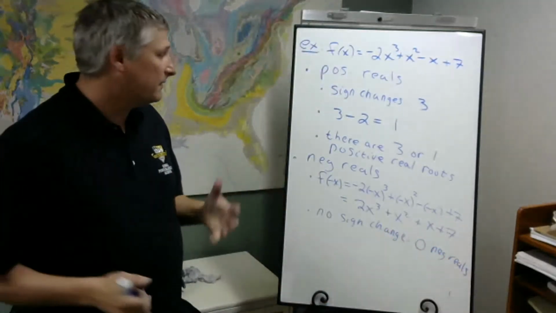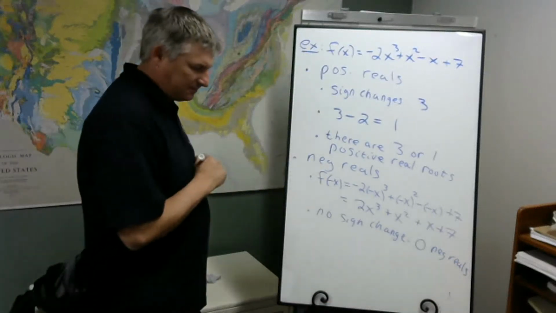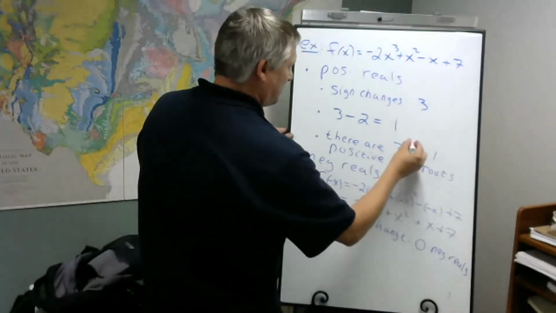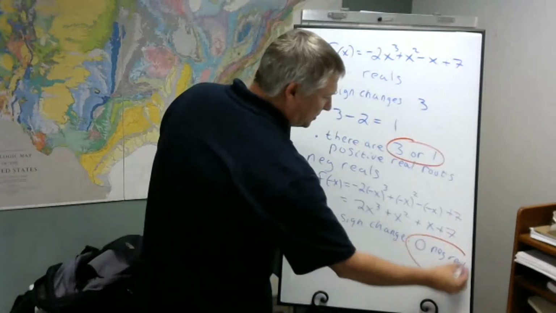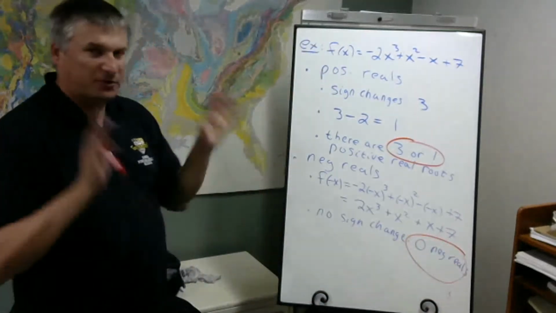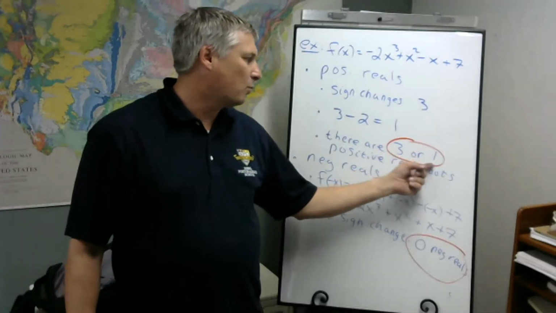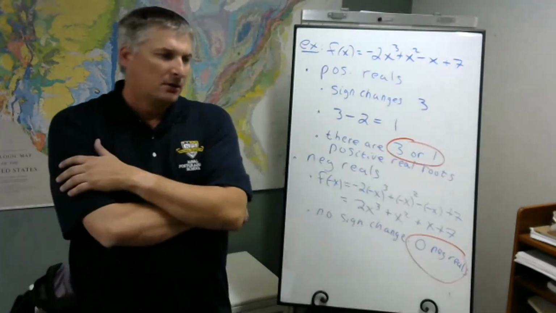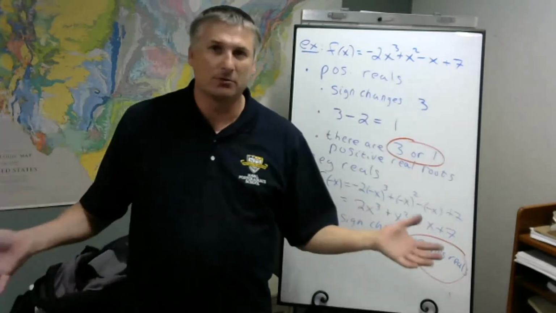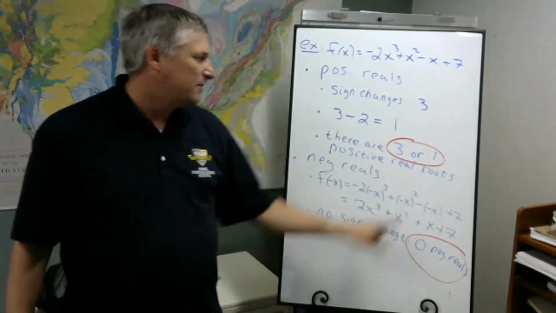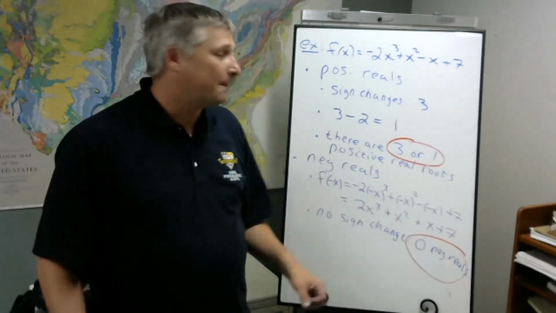So where does this leave us? Well, we could have 3 or 1 positives, and we know we have 0 negatives. So forget negative real roots. We could have 3 positive real roots or 1 positive real root. With 3 positive real roots, in a degree 3 polynomial, all the roots are positive reals. Could this ever possibly be the answer, though? Yes, it could be.